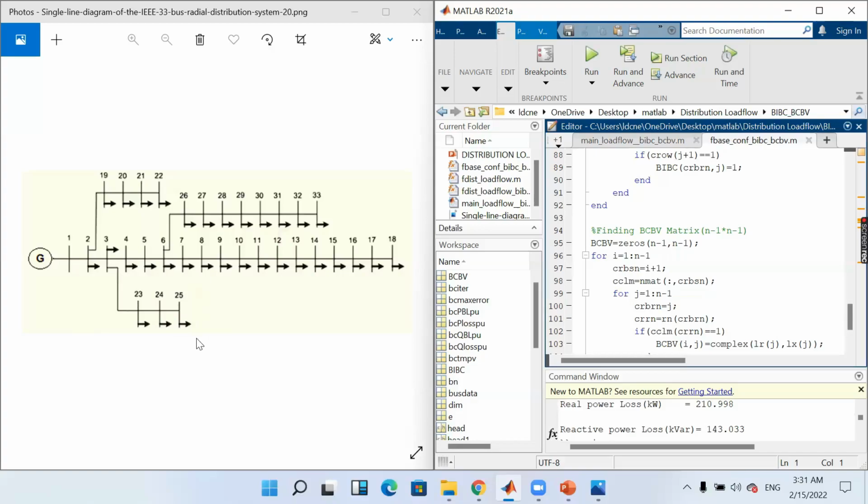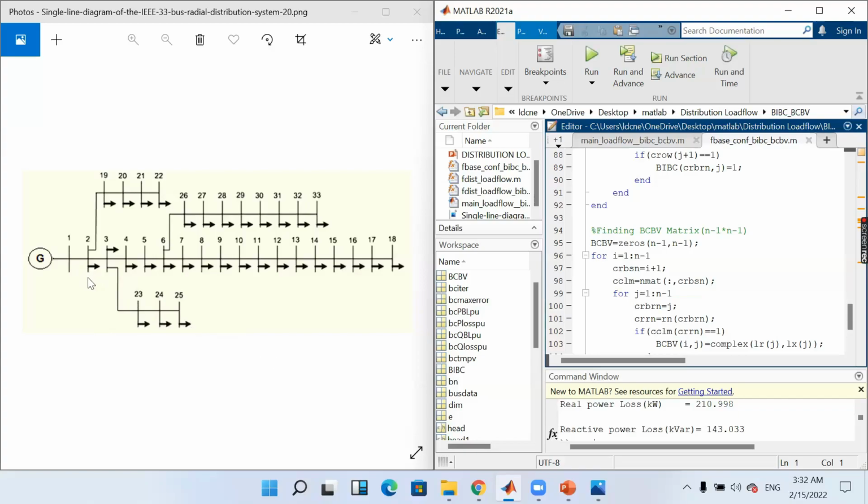That can be easily found by excluding bus 1, and we have to run the loop from bus 2 to the rest of the buses, and find the branches using the buses.